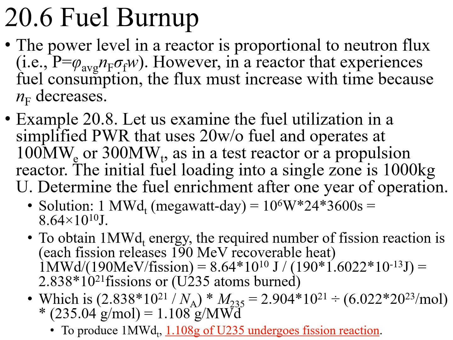We can calculate the number of joules inside the 1 megawatt day. So 1 megawatt day means 1 megawatt thermal power operated for 1 day. That is 1 megawatt, 10 to the 6 watt, times 24 hours times 3600 seconds per hour. So we get this value, that is the number of joules in 1 megawatt day.